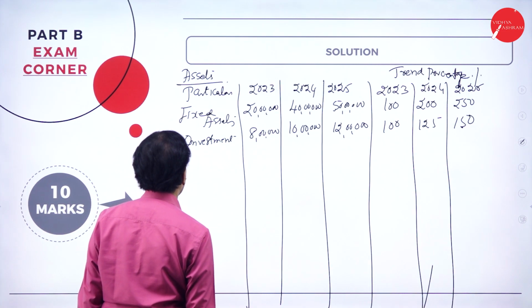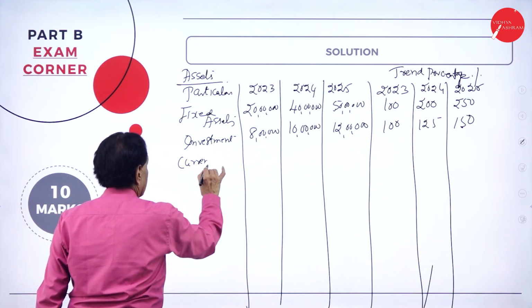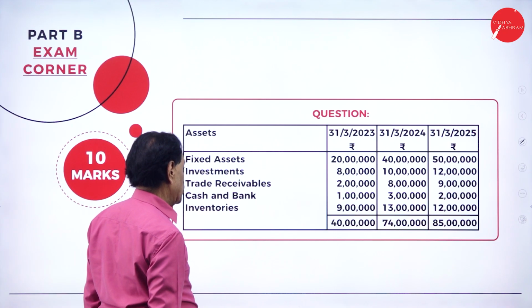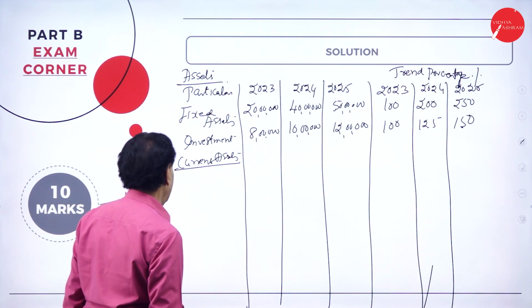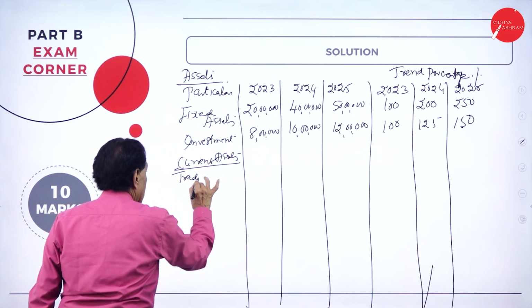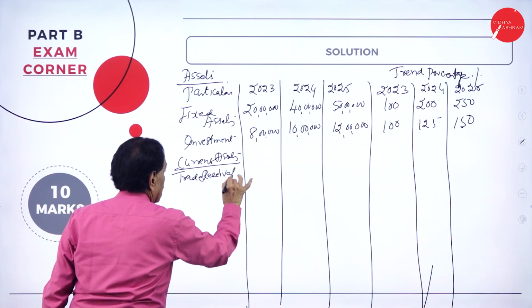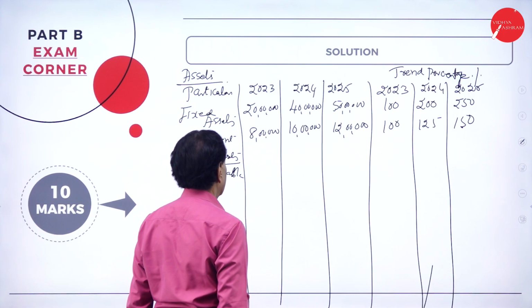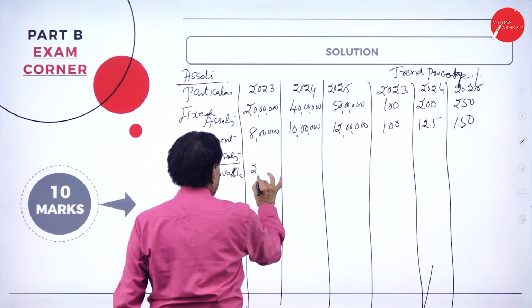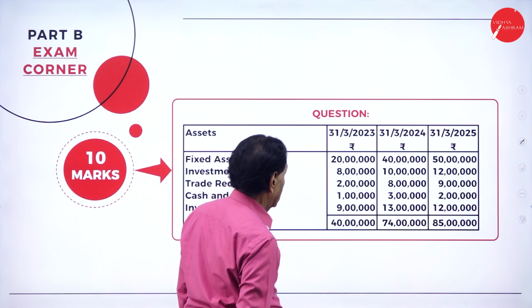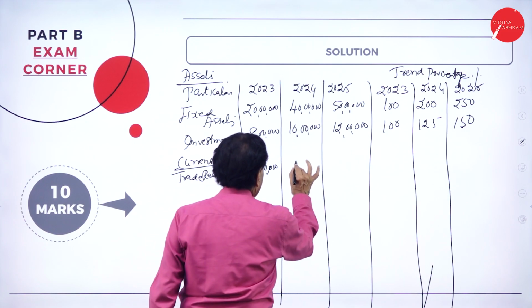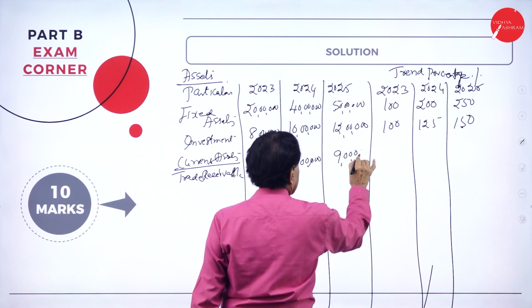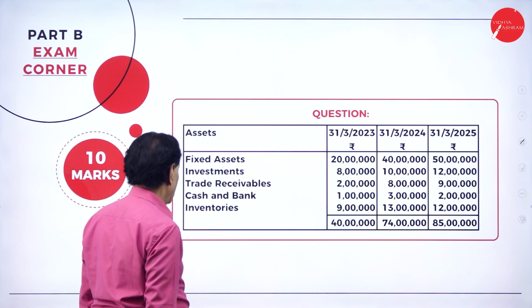Then current assets. In this, trade receivable: 2 lakh, 8 lakh, 9 lakh. Then what next you got?